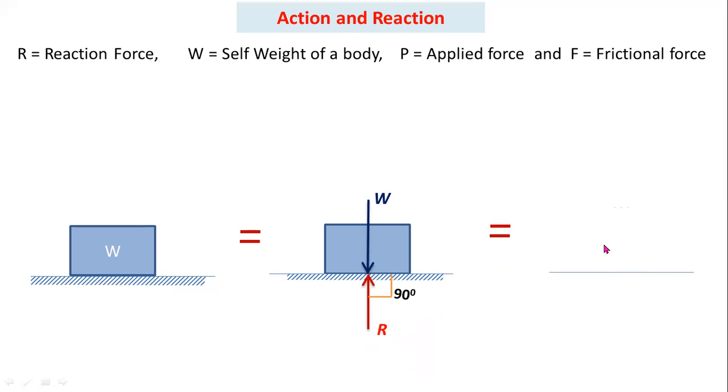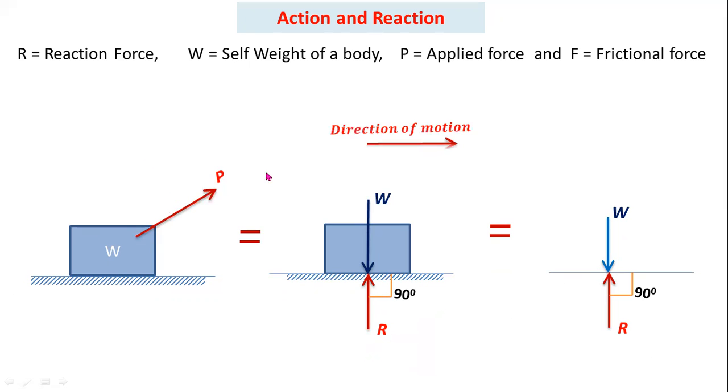Here this is the applied force P. The direction of motion is towards the right, then you have to consider the frictional force towards the left. Frictional force always acts opposite to the direction of motion. This is the free body diagram for this condition.